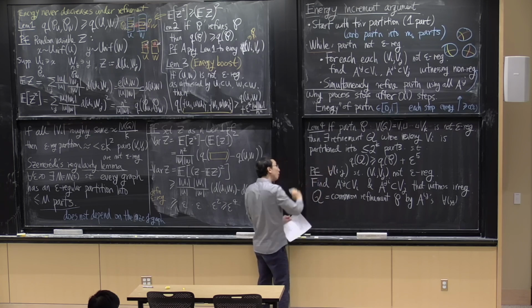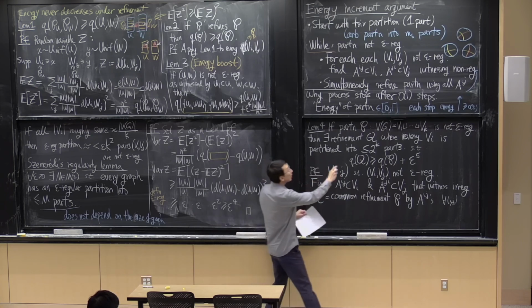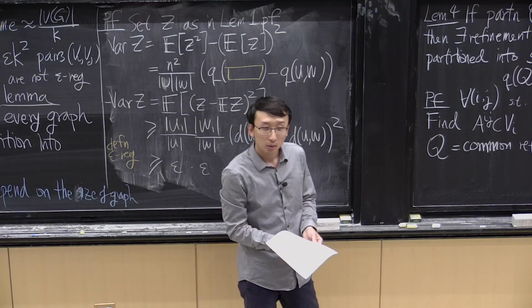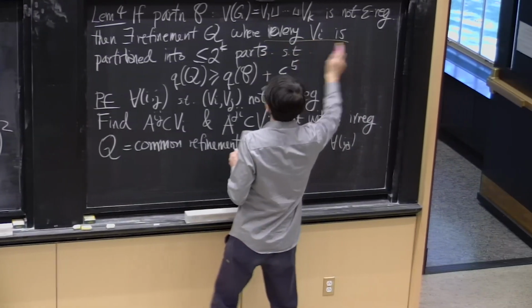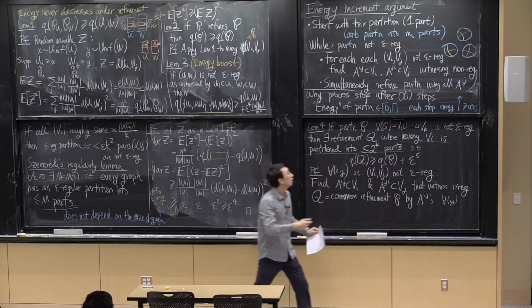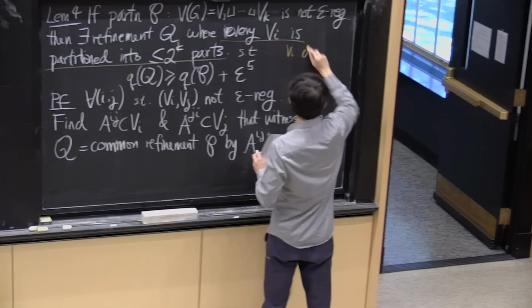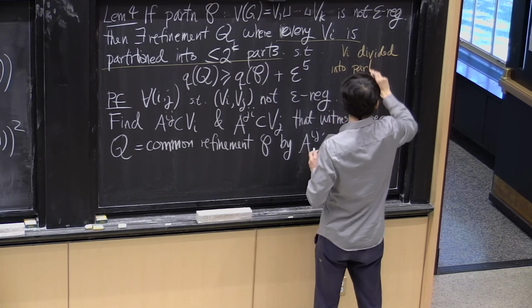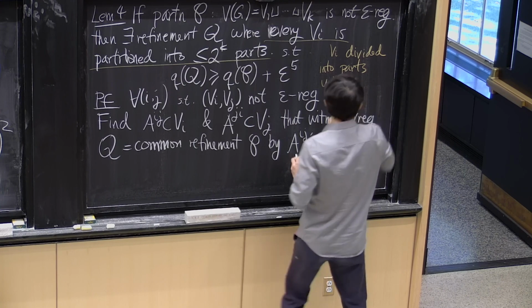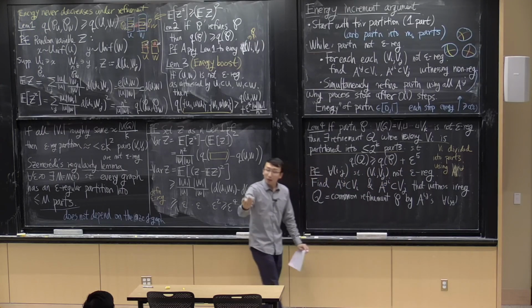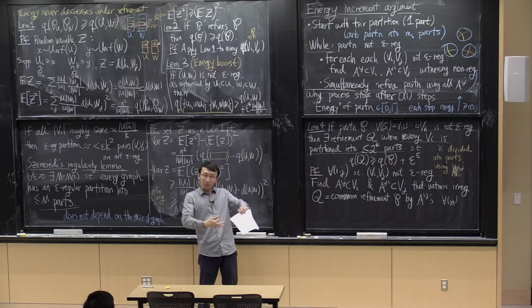All right, so this is the Q that we'll end up with. We'll show that this Q has that property. One of the claims in the lemma is that every Vi is partitioned into at most 2 to the k parts. I hope that part is clear, because how are we doing the refinement? Vi is divided into parts using these Aij's, one coming from each pair that is irregular with Vi.